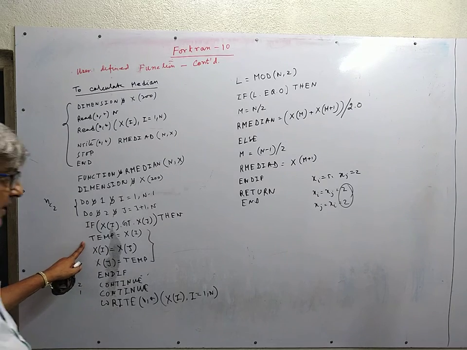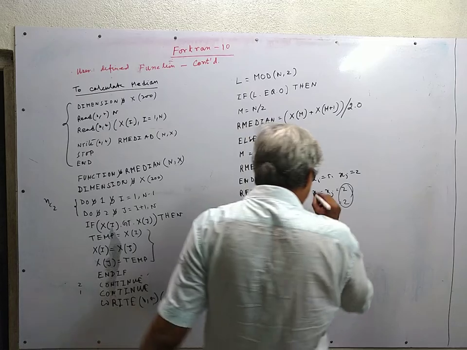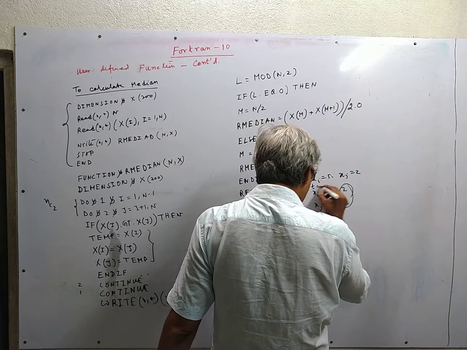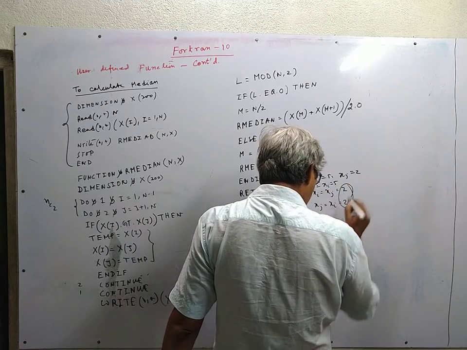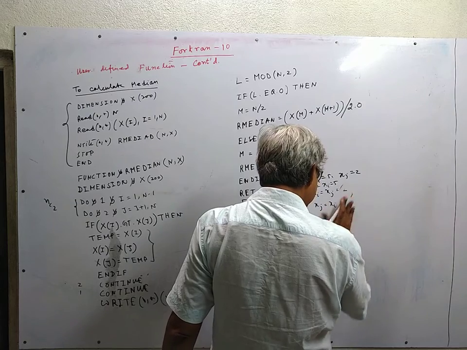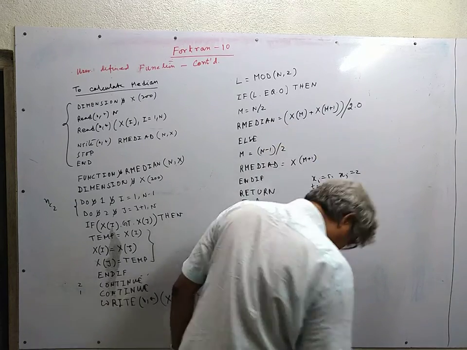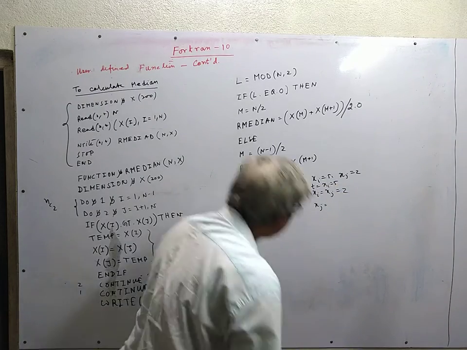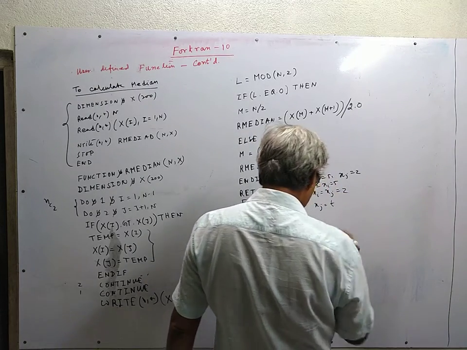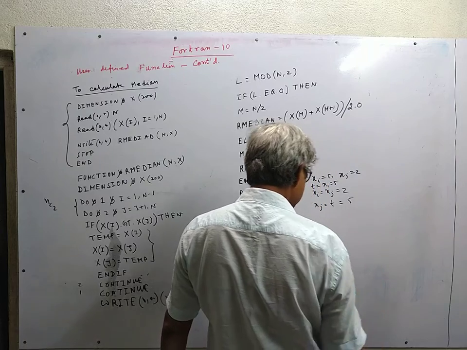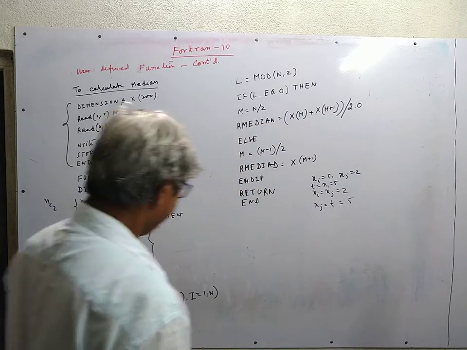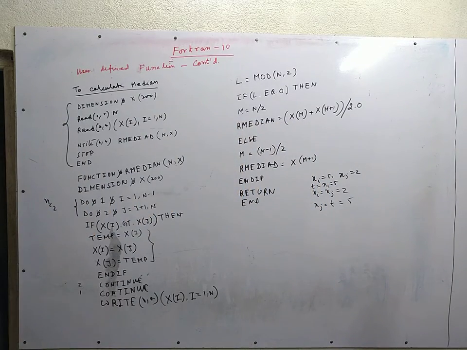To avoid this, the value of xi is kept within temp, and whenever you write this, not xi but temp, you get the right order. So it is 5. It is in the right order. So this is the working of the problem.